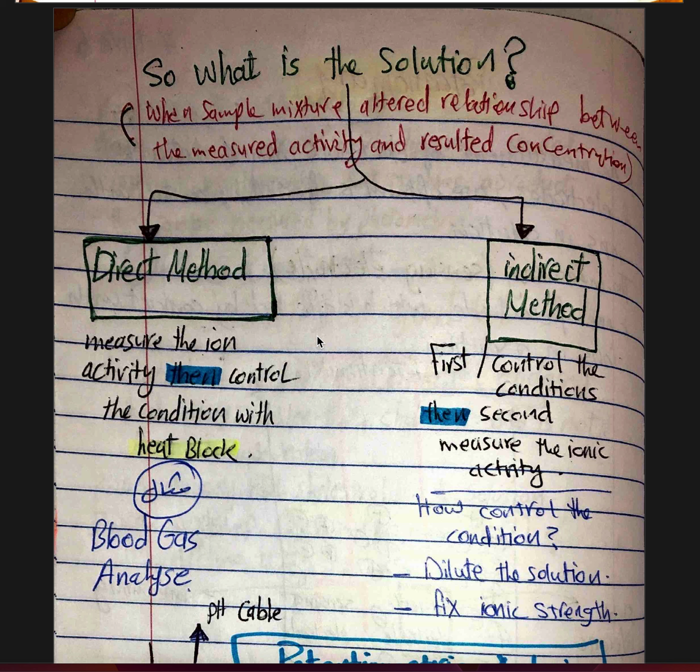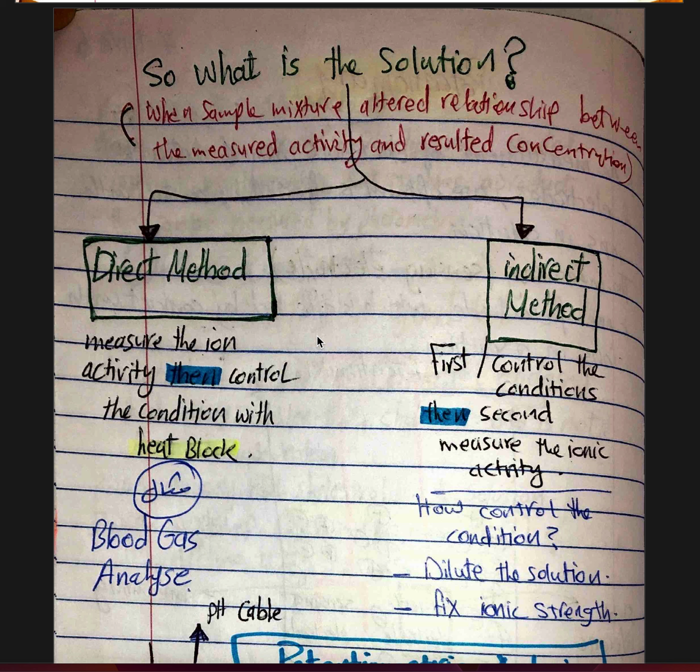In the direct method, we measure the ionic activity and then we control the condition, for example by heat. One example is blood gas analysis, which we use to diagnose asthma or lung diseases.